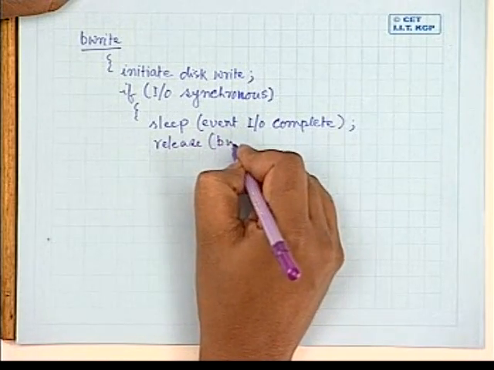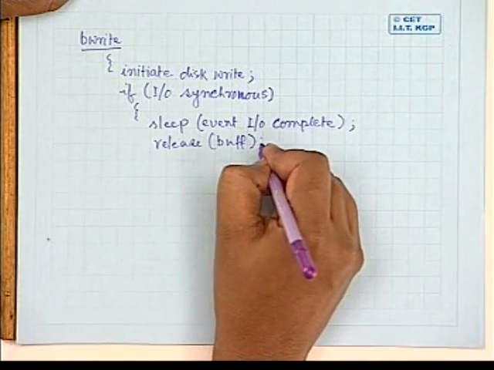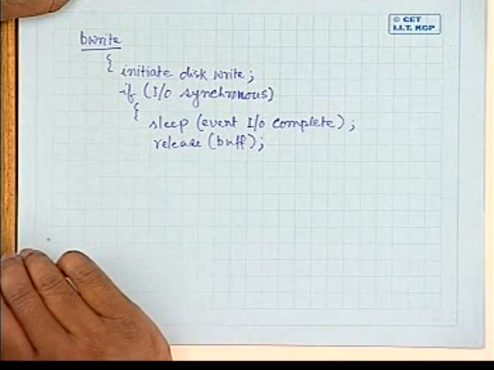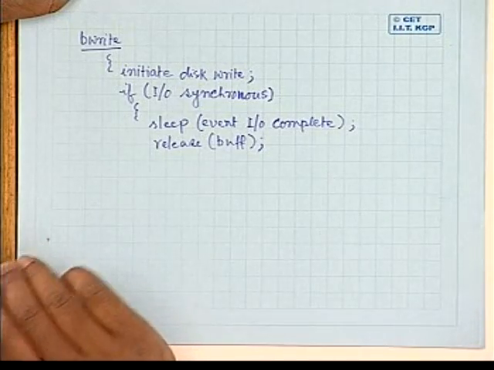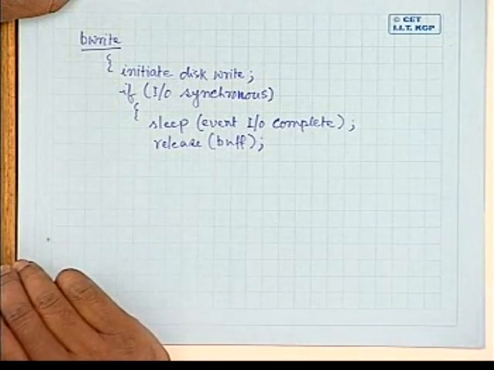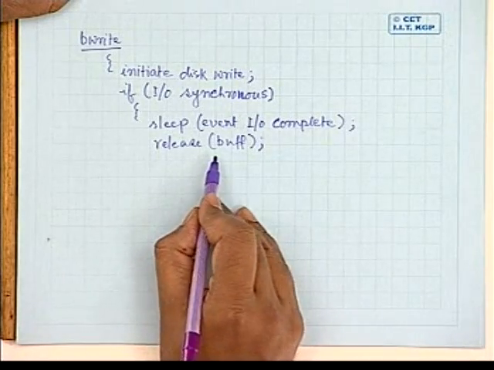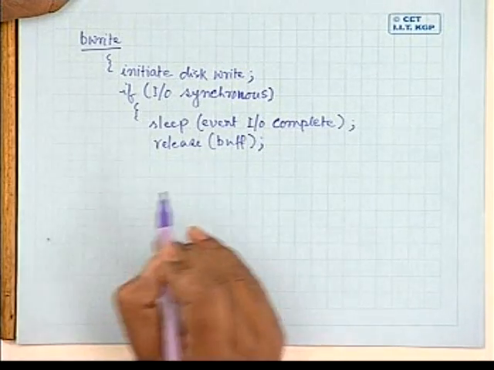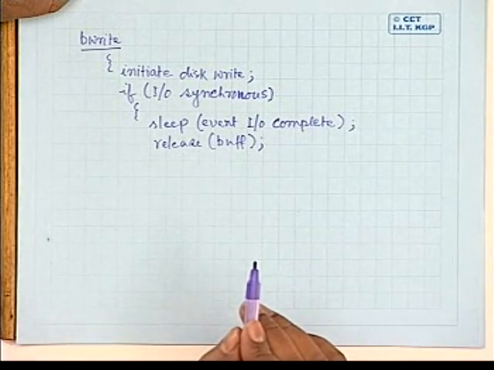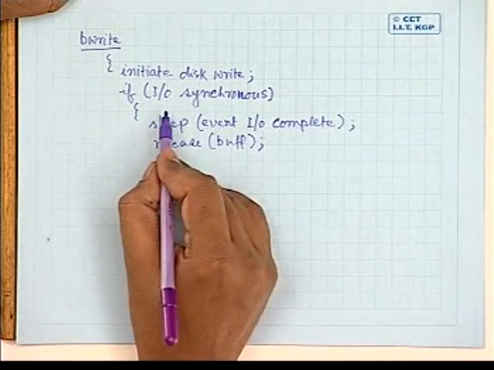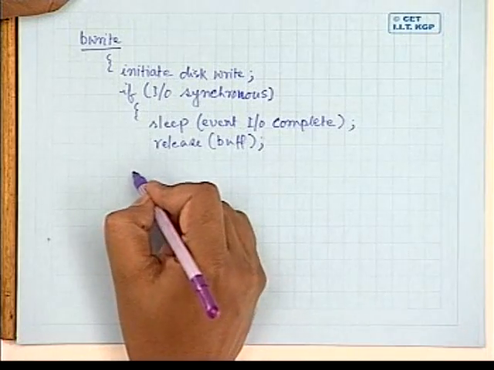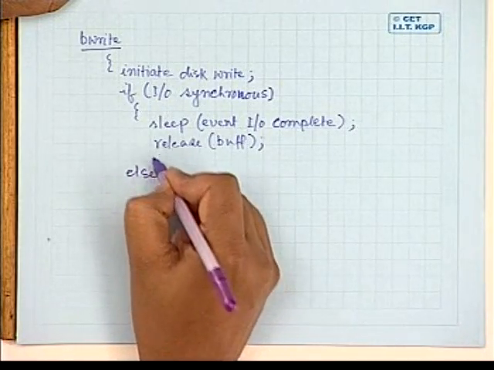So release buffer, and for this release buffer operation, the algorithm that has to be invoked is the block release algorithm, and it is the block release algorithm which will take care of whether to put this buffer at the head of the free list or at the tail of the free list.